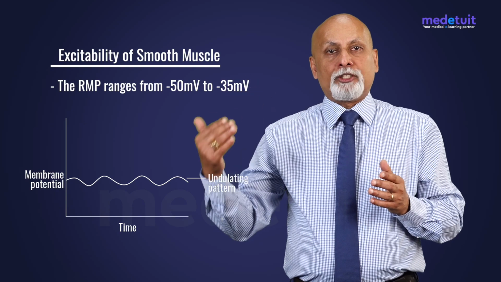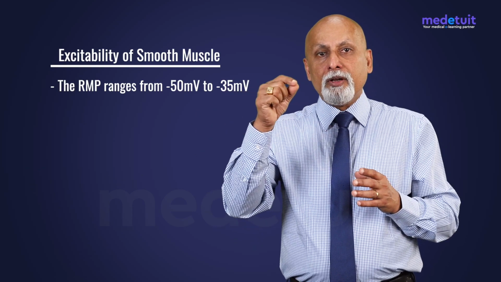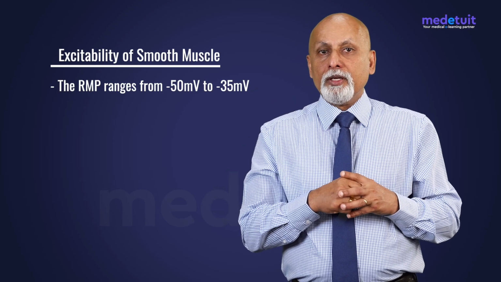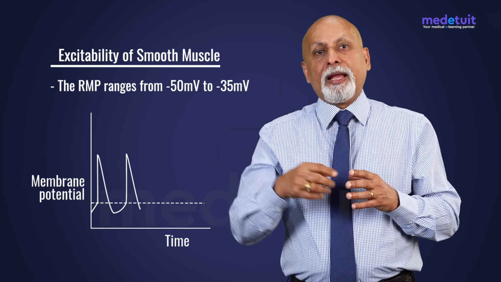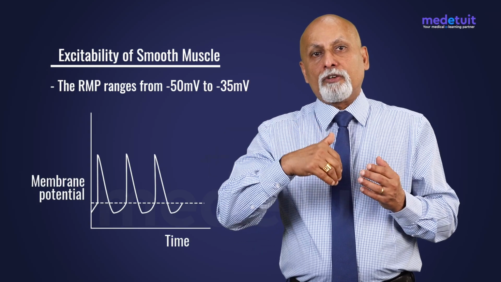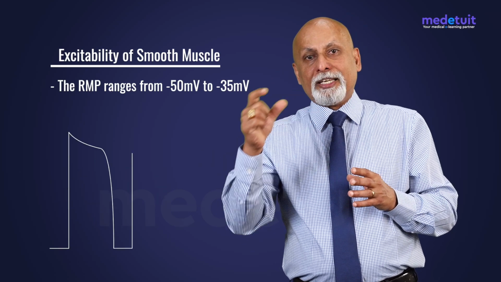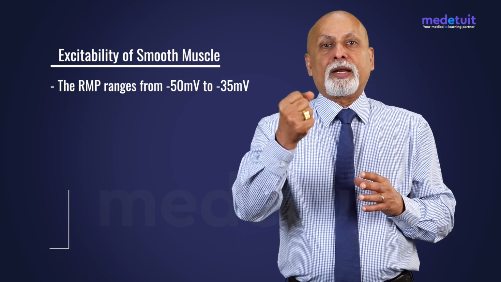And on the summit of this wave, when it crosses beyond minus 35 millivolt, you can see there are spikes coming on it. These spikes are mainly caused by the influx of calcium ions. The number of spikes that come on the summit of this slow wave determines the force of contraction.